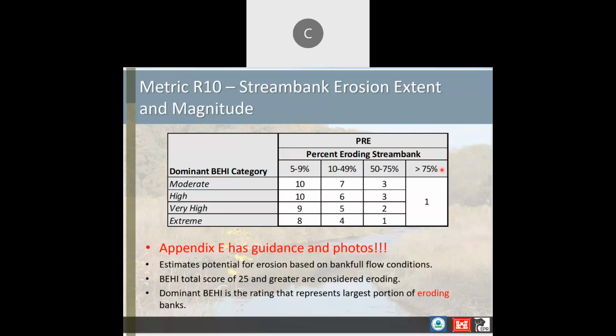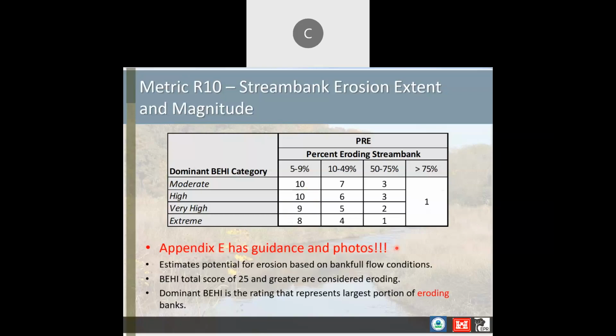If more than 75% of your stream banks are eroding, this metric scores a 1. If you have less than 10% eroding, then you're going to score in the functioning range of scoring for this metric.